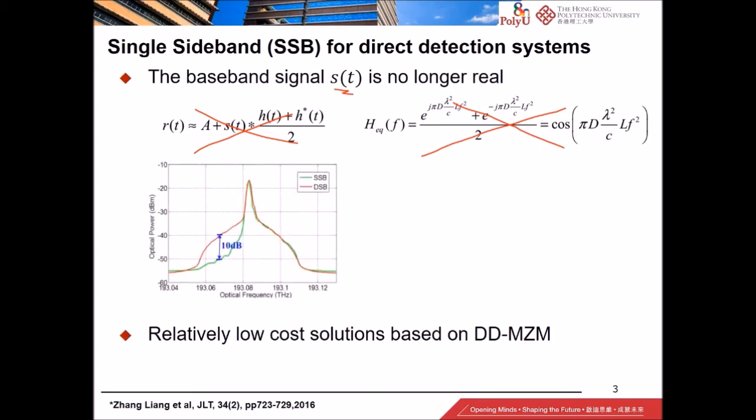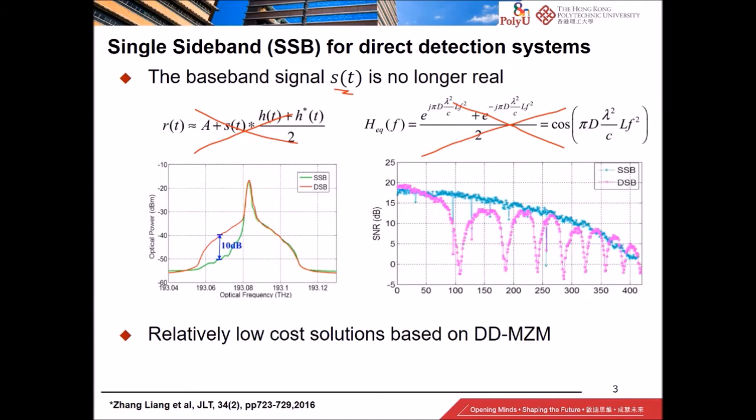So what happens is that if you transmit a single sideband signal, so this is the signal spectrum comparing single sideband and double sideband, the received signal spectrum actually does not suffer from any CD-induced fading.